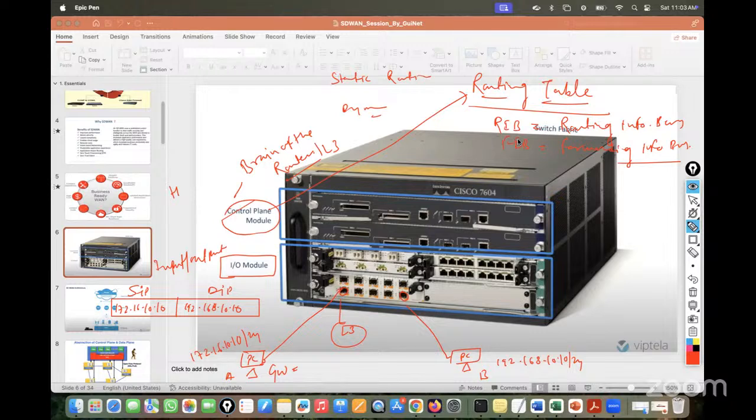All the routing decisions are done on RIB only, and further the forwarding is taken care of by FIB. RIB is the routing information base where it will have all the routing information, including the destinations, gateways, and exit interface information. And FIB is the forwarding information base which makes the decision.